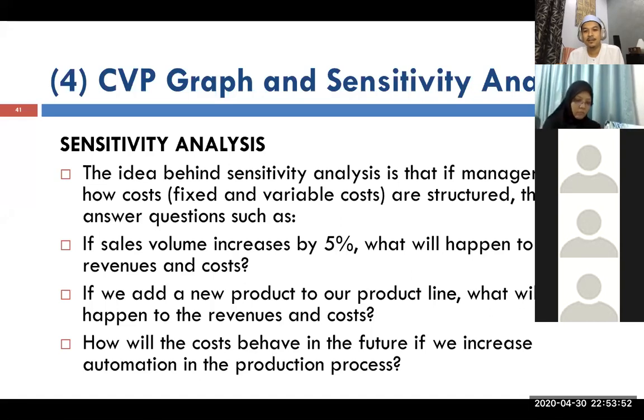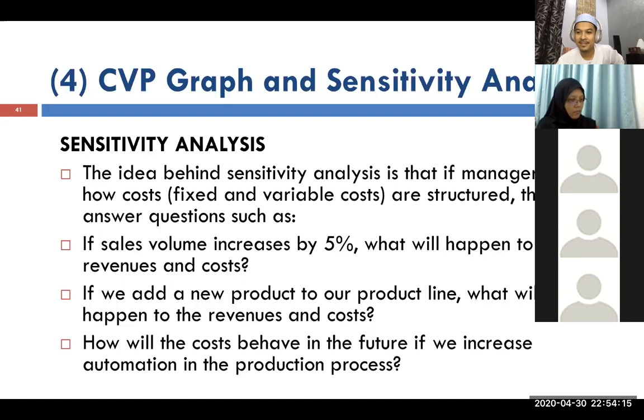So step by step. Don't just suddenly have a graph, including the assumptions. Okay. I hope each group can.